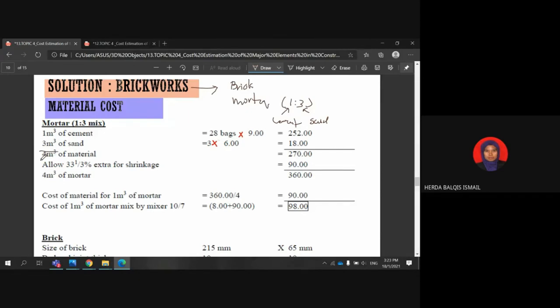Okay, so the price is this. 1 cubic meter of cement is equivalent to 28 bags. Where do we know this? We go back to this constant.